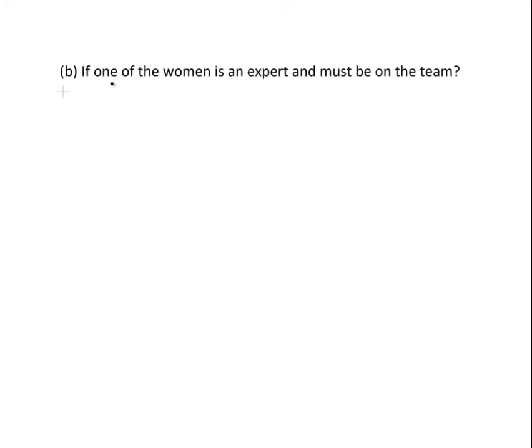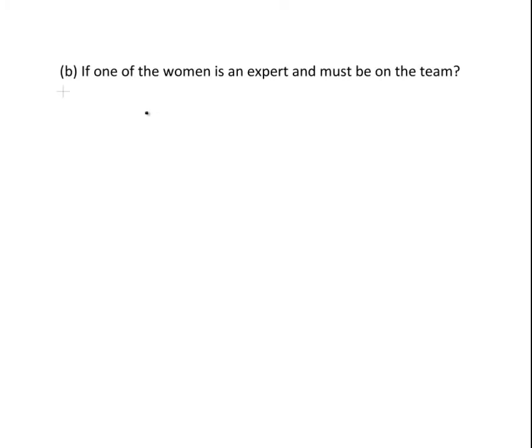Now, if one of the women is an expert and must be on the team, you have to think about this. Somebody is going to get picked automatically, so essentially we're just picking 4 other people to go on the team. That means 4 from the other 9. So it's just an adjustment of the question.